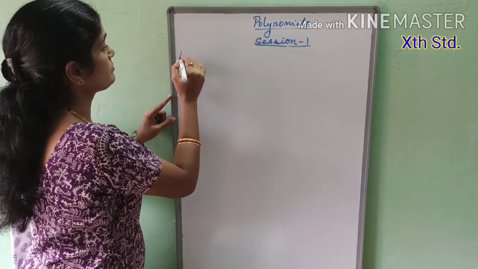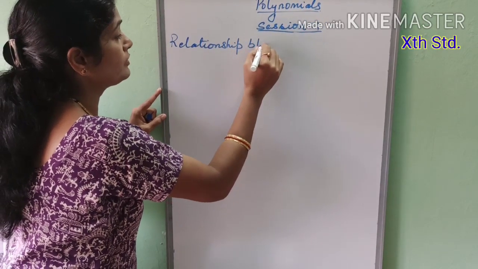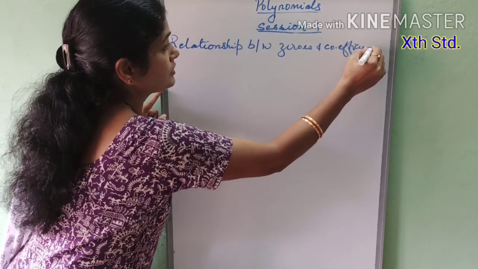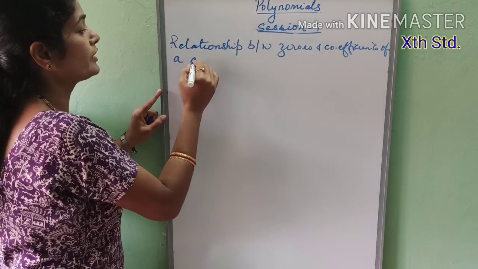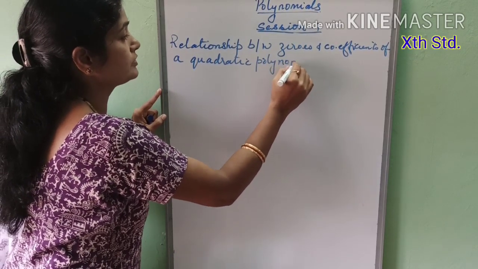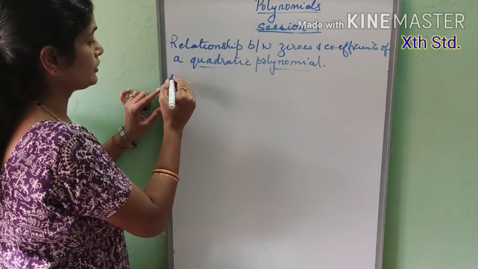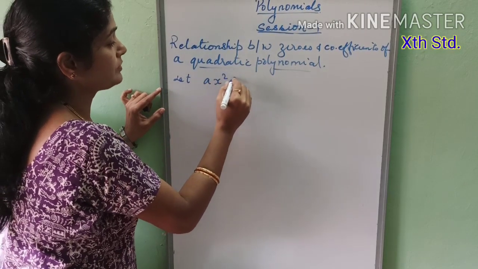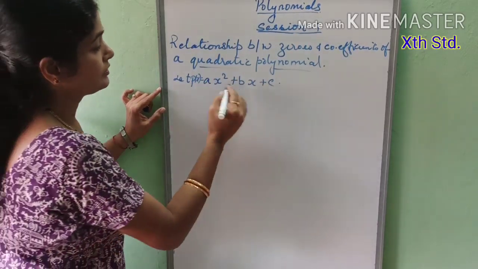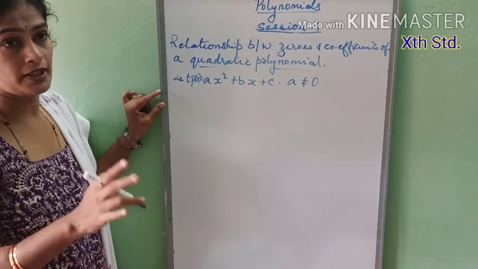Since it is a quadratic polynomial, we will consider p of x is equal to ax square plus bx plus c, where a is not equal to 0. Since it is a quadratic polynomial, maximum it will have 2 zeros.